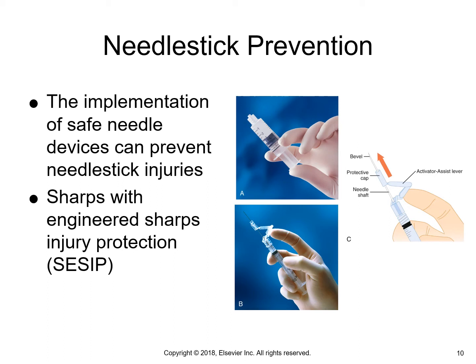Now, if you remember back, we talked about this in week 1. Disposing a sharp is a one-handed technique. As you see here in the picture, it's a one-handed technique to cover the sharp with the engineered protector, and it's also a one-handed technique to put it in the sharps container.